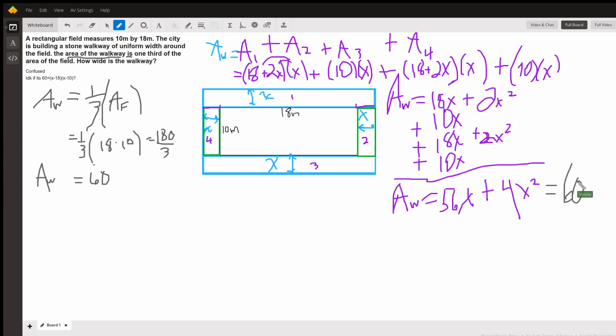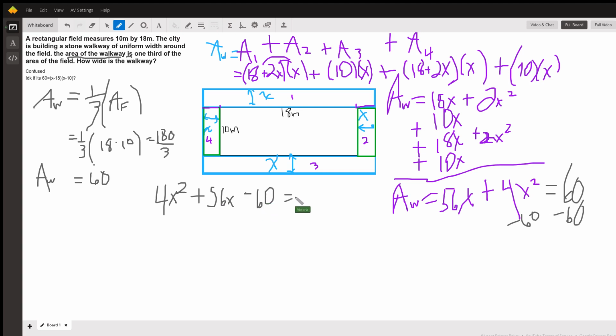Now, this is a quadratic problem, and if we put it all in the right order and we subtract the 60 from here so that everything is on one side, the quadratic equation we come up with is 4x squared plus 56x, and then we subtracted 60.